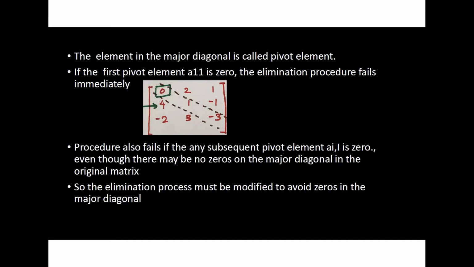So the element above that will become the pivot element for the second-time elimination process. So what I am trying to tell you is that the procedure also fails if, by performing the elimination, you are likely to get the pivot element as 0, then also it is not going to help us.